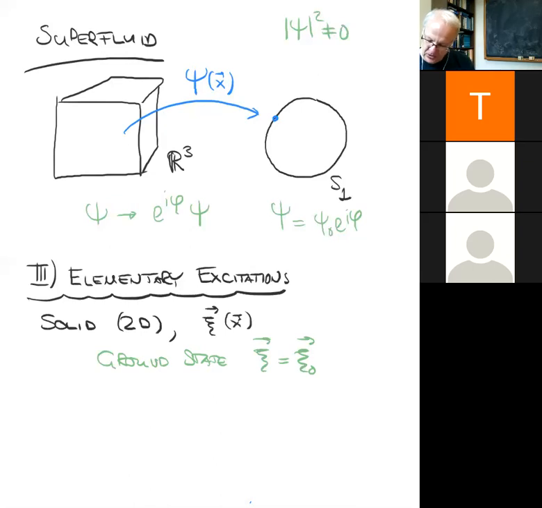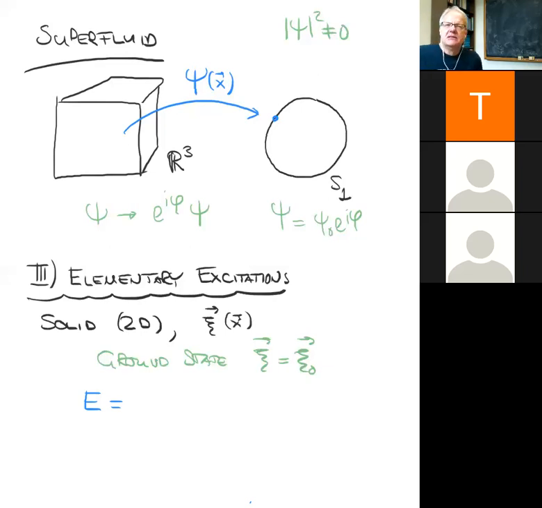You can try to compute that from a microscopic Hamiltonian, but you can write an educated guess of what it has to look like, even without knowing precisely what the microscopic Hamiltonian is. The one thing we do know is that whatever the value of psi is, so long as it's a constant, that's still a ground state. So any value of psi naught is in principle perfectly good as a ground state. What is not a ground state is if the value of psi varies from place to place.